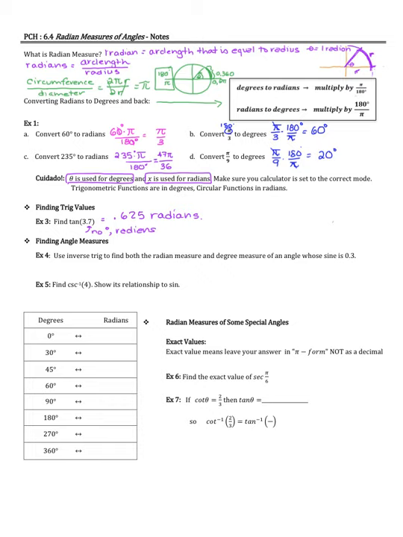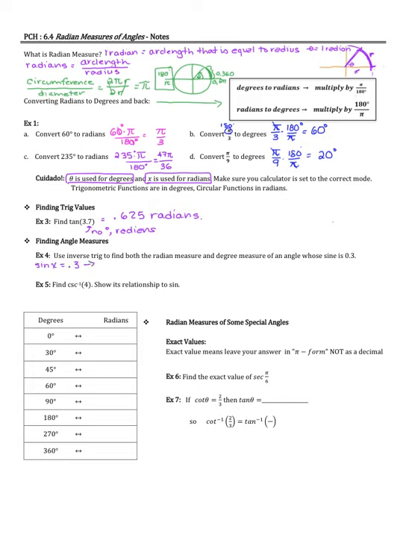Then we also can use the inverse trig in radian mode as well. So use inverse trig to find both the radian measure and the degree measure of the angle whose sine is 0.3. That's like saying sine of x equals 0.3.